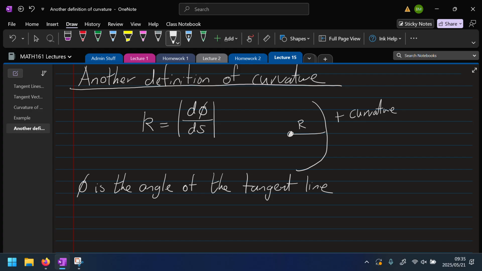A little bit different, but we end up with the same answer. And s is the curve length. We won't need to worry too much about curve length. That will come later on next week, when we'll be looking at this in a lot more detail.